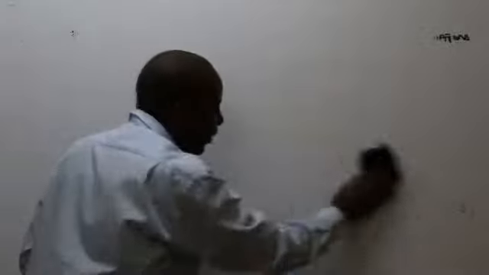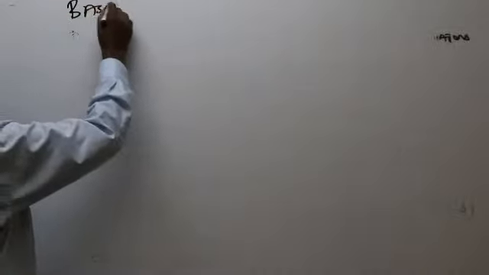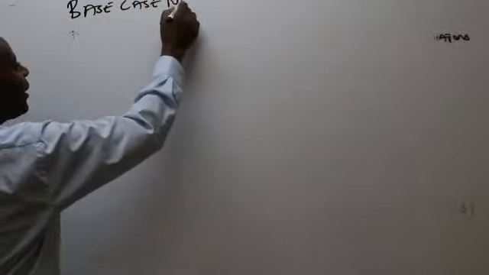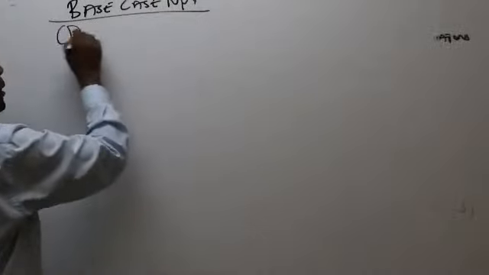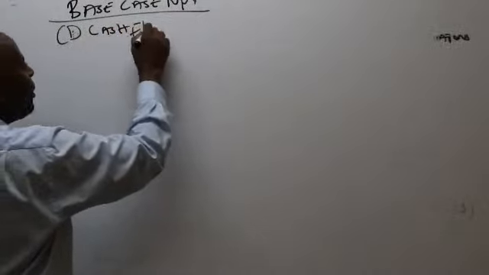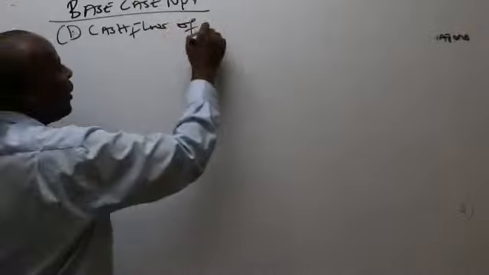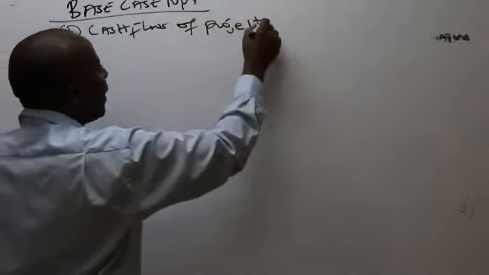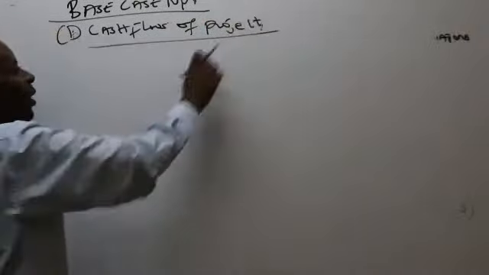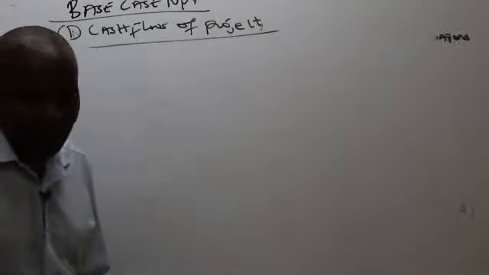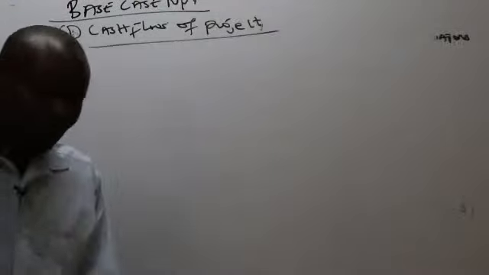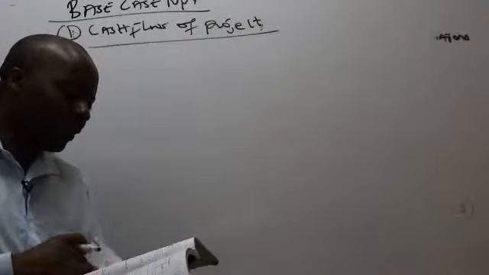Come here and give us the base case. So base case NPV. Number one, give us the cash flows of the project. I know I'll be discounting this at 16%. So then what do we have here? The cash flows of the project.